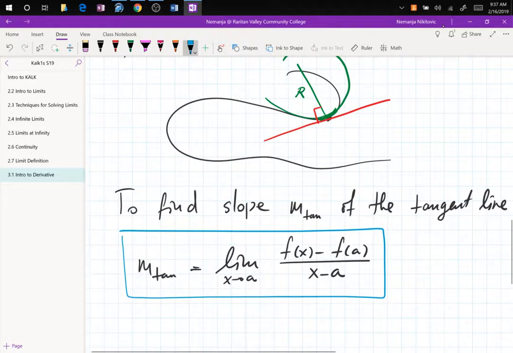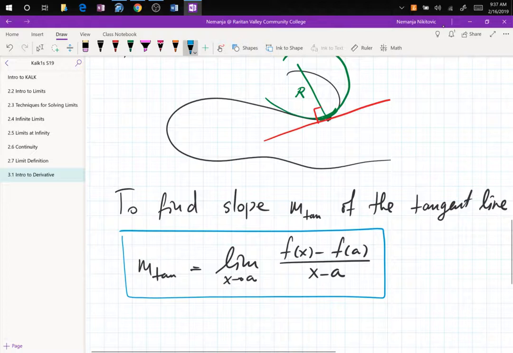So again, you can't use algebra to calculate the tangent line slope, because your denominator is 0. Remember, P and Q are at the same location whenever that line occurs. So when P and Q, which are the points that have x and y coordinates, are at the same location, their x values are the same, their y values are the same. So you technically have 0 divided by 0.